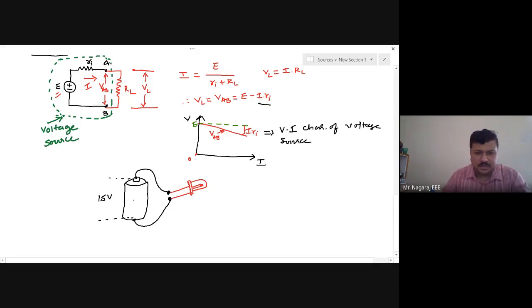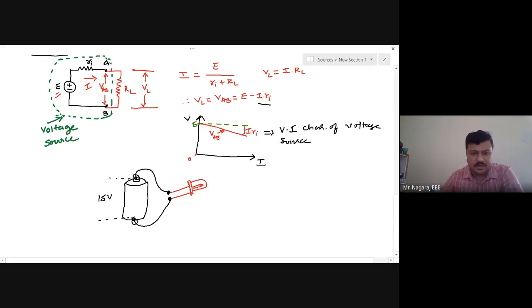So there is an internal resistance of the battery cell. There is a contact resistance where I make the contact, and a lead resistance, the wire resistance. So all the resistances are included in the source circuit.